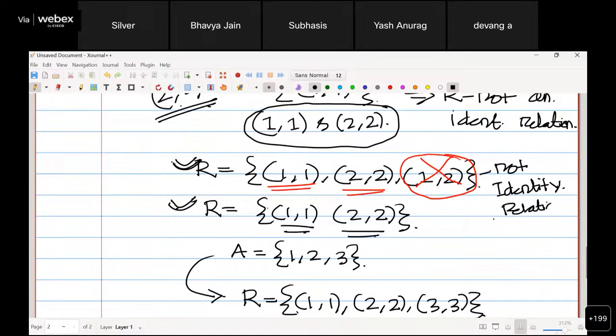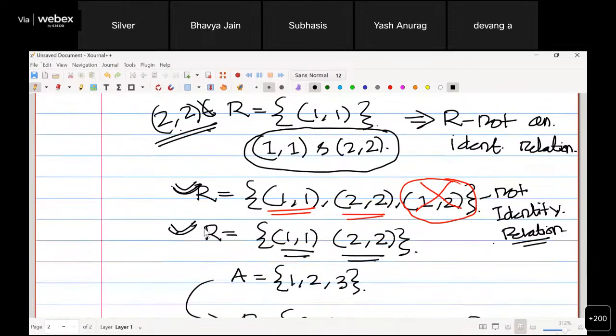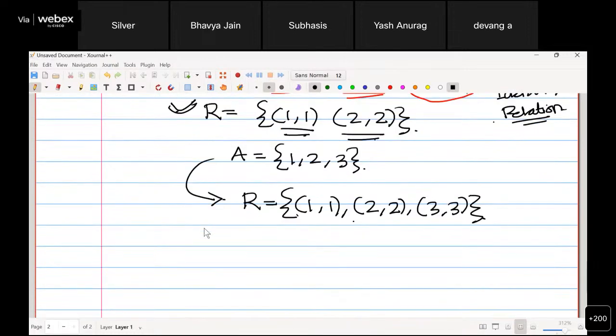And sir, if there are two different sets like 1, 2 and 2, 1? What do you mean by 1, 2 and 2, 1? For 1, 2 is a set A, and the other set... What is your set A? First tell me. 1, 2.